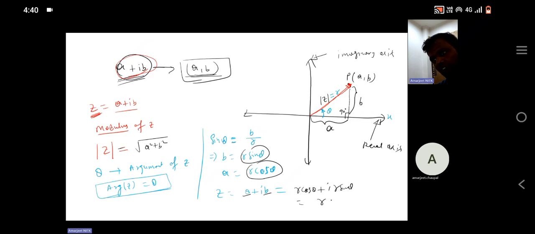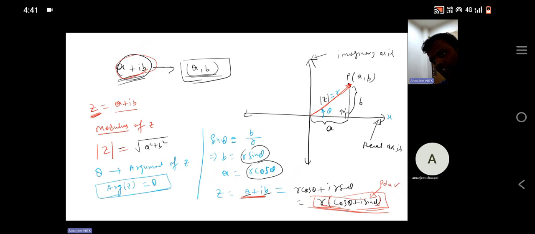If you take r common, you will get r times bracket cos theta plus iota sin theta. So the same complex number a plus iota b can be written as r into cos theta plus iota sin theta. This form is known as polar form.